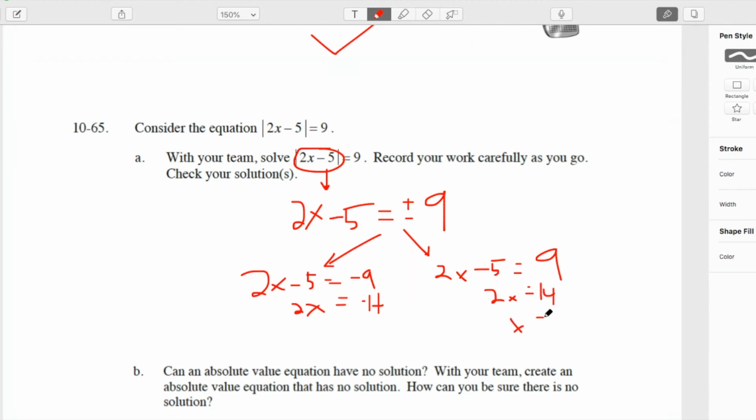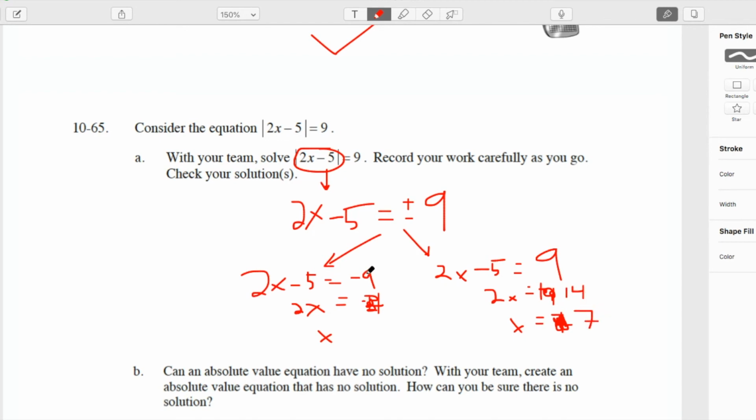x equals 7. And x equals, wait, did I do something wrong here? What did I do wrong? You had to add 5 here. This is totally wrong. Unless your absolute value is just the absolute value of x equal to something, if you have other operations here, you shouldn't get opposites of each number. You should get different amounts. So I need to add 5 to both sides. This one I was doing correctly: 14 divided by 2 is 7.